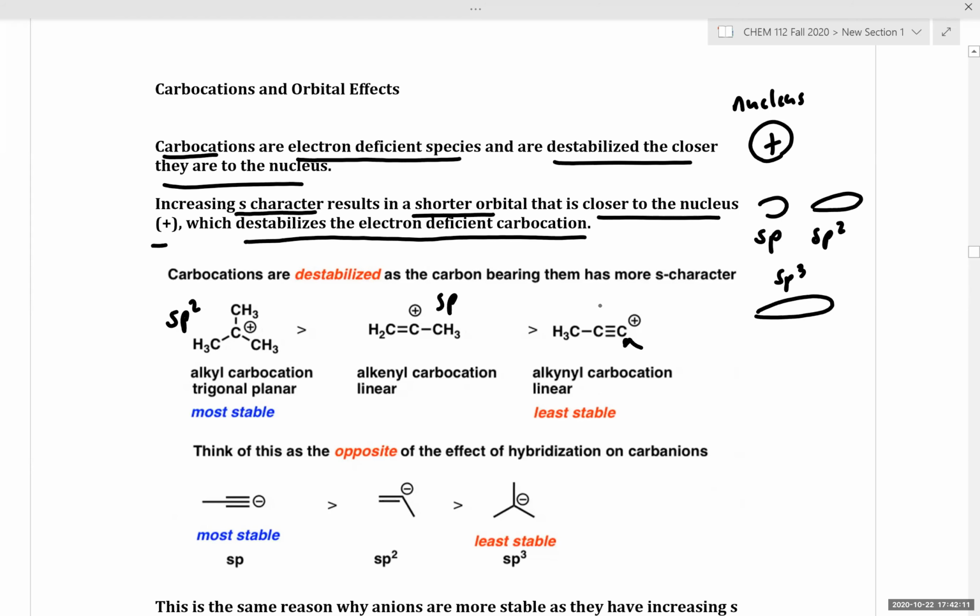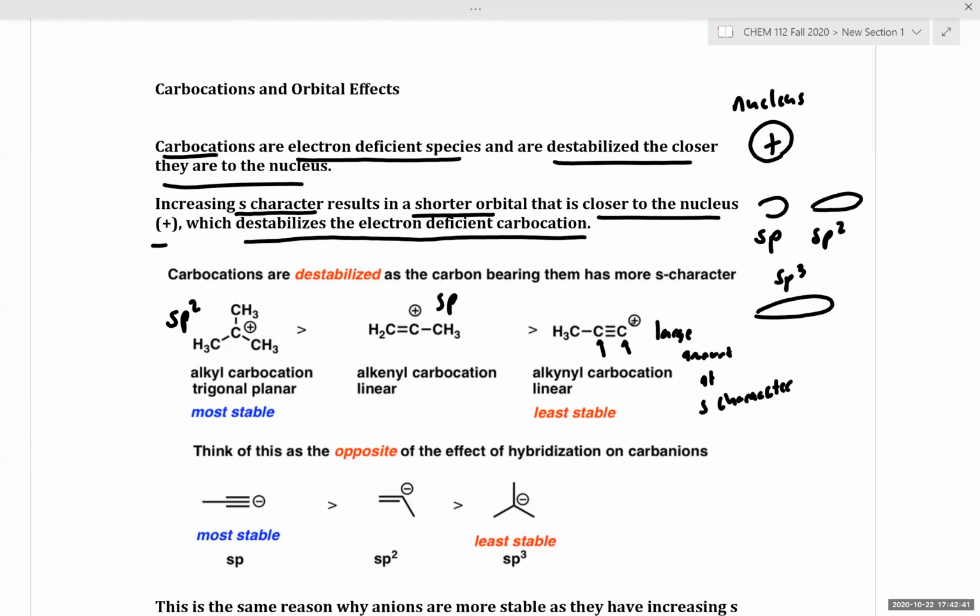What we do know is that looking at our adjacent atoms and looking at this overall triple bond, we see that both of these carbon atoms in this triple bond contain a large amount of S character, which in turn means our carbocation is located in orbitals that are held closer to the nucleus and are overall less stable.